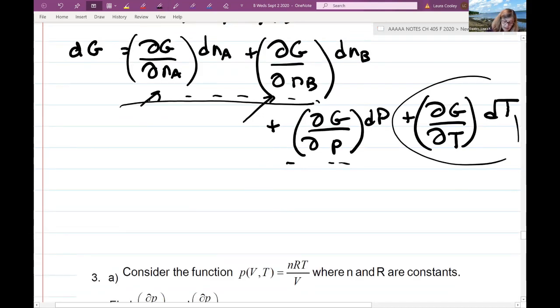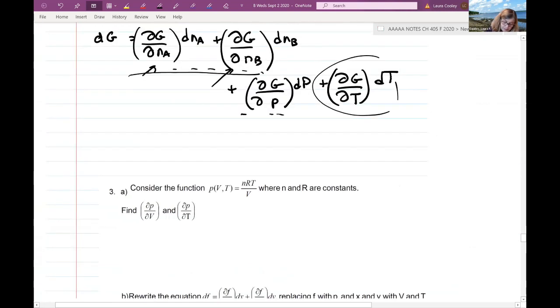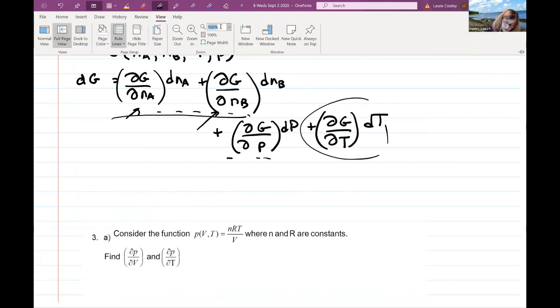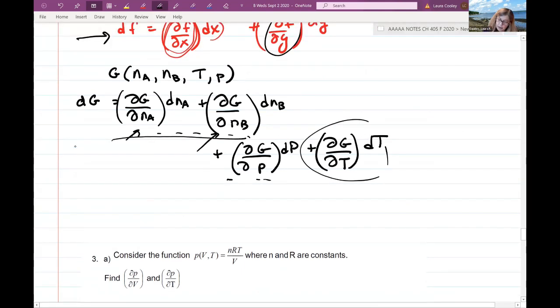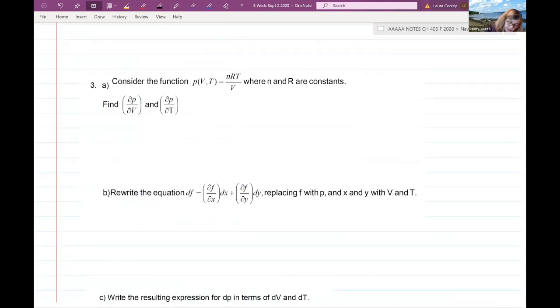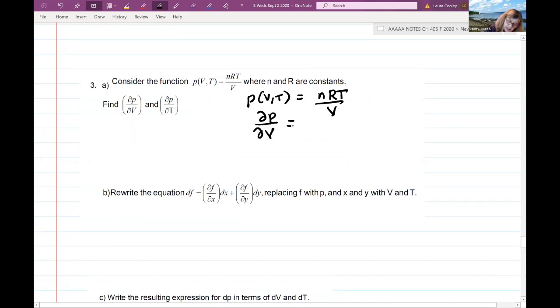So let's go to the problem. Hold on a minute. Here's problem 3. Here we're looking at pressure as a function of volume and temperature, and we use the ideal gas law, nRT over V. So what's dP dV?